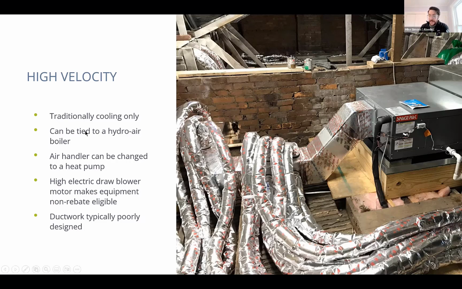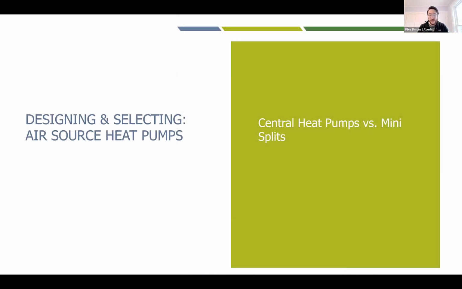With high velocity, it could also be tied to hydro air, so there could be a hydronic air handler with a hydronic coil inside of it. People can swap this straight up for a heat pump, but it's not going to become rebate eligible.